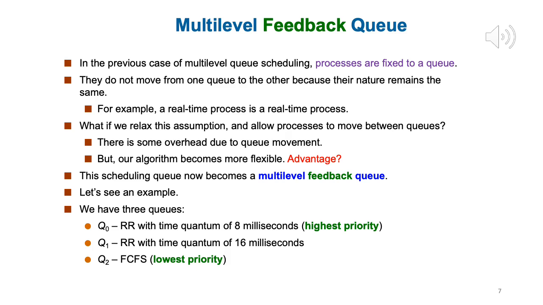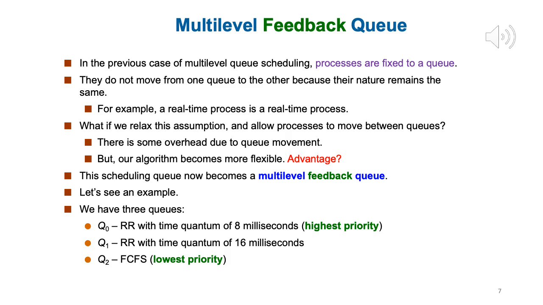Okay, now I am on slide 7. Slide number 7, multi-level feedback queue. This is a special case of a multi-level queue. So what is so different here? In the previous case of multi-level queue scheduling, the assumption was that the processes are fixed to a queue.